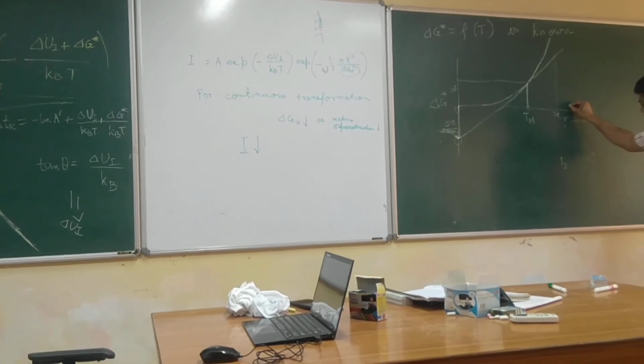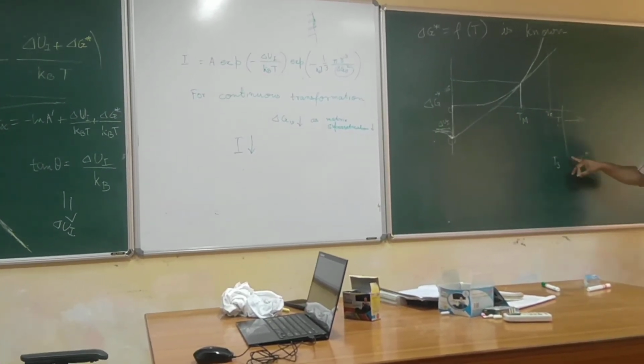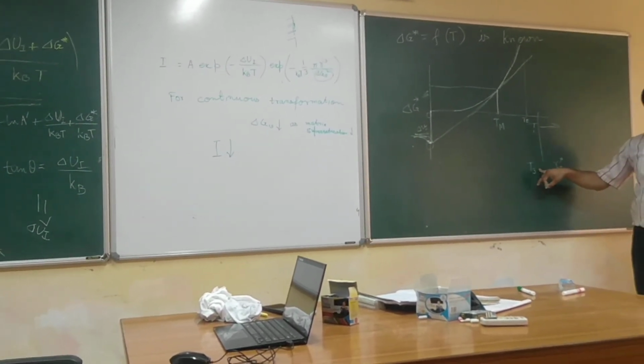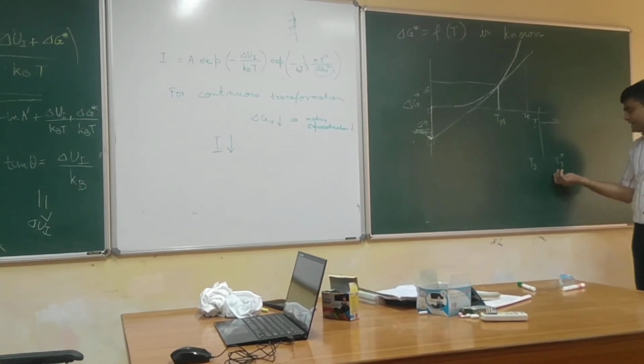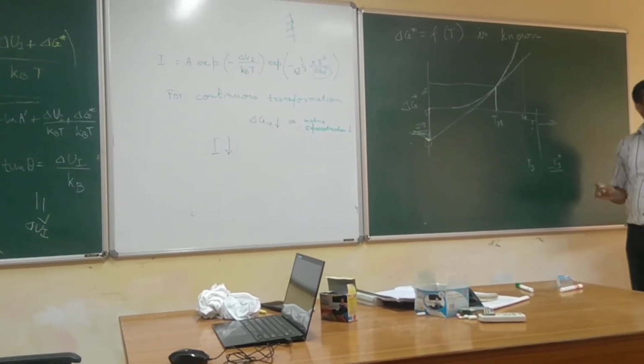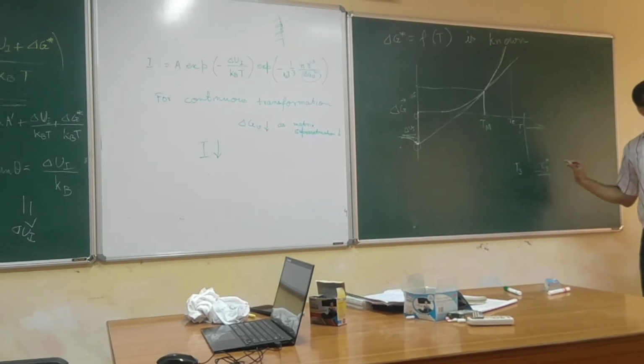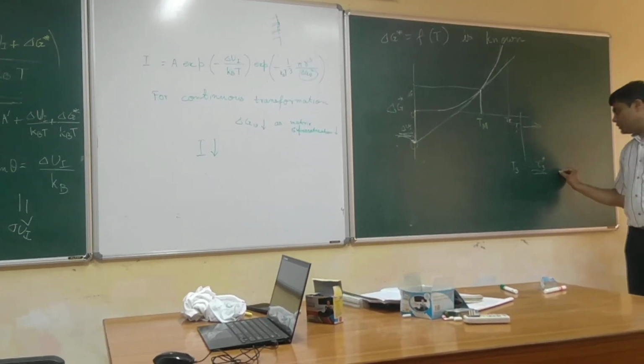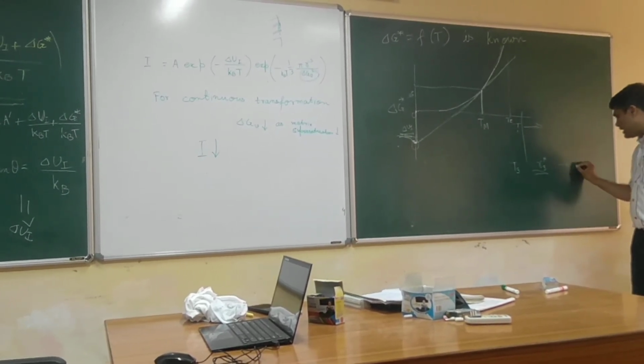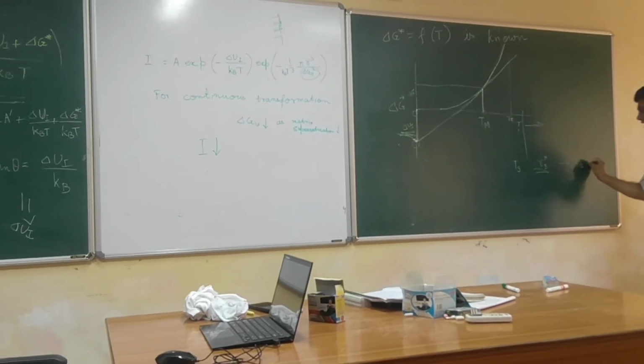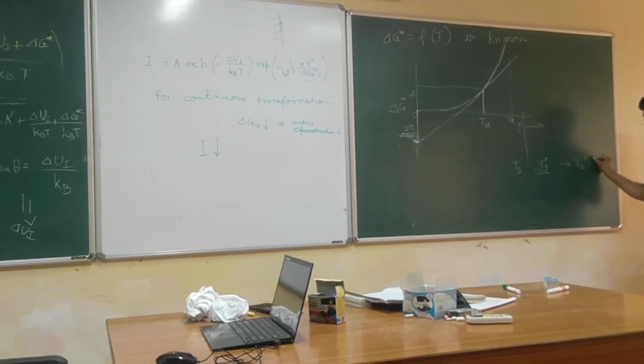So you are coming from solutionizing temperature to here, and corresponding at that low temperature, your critical nucleus size is this one. You have allowed some time for it to grow, and say it has grown to a size RA, which is greater than R3 star.